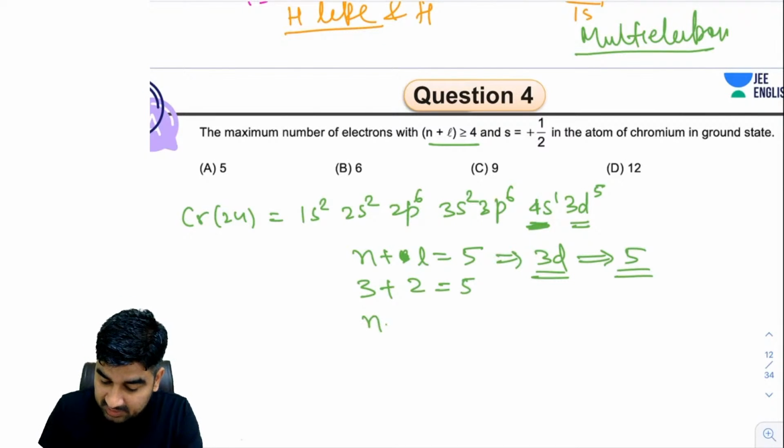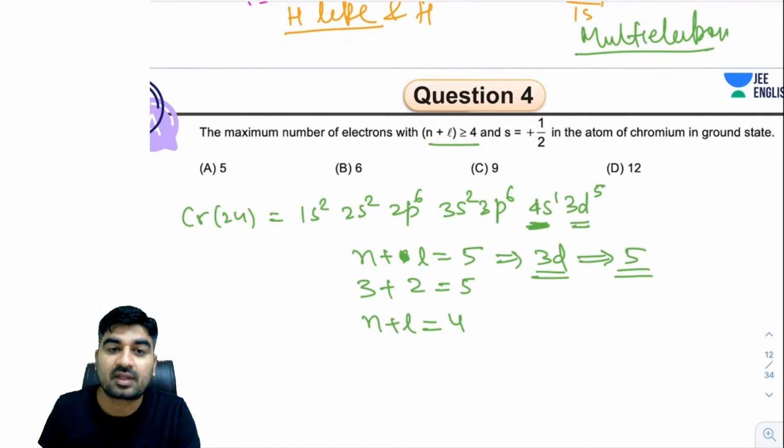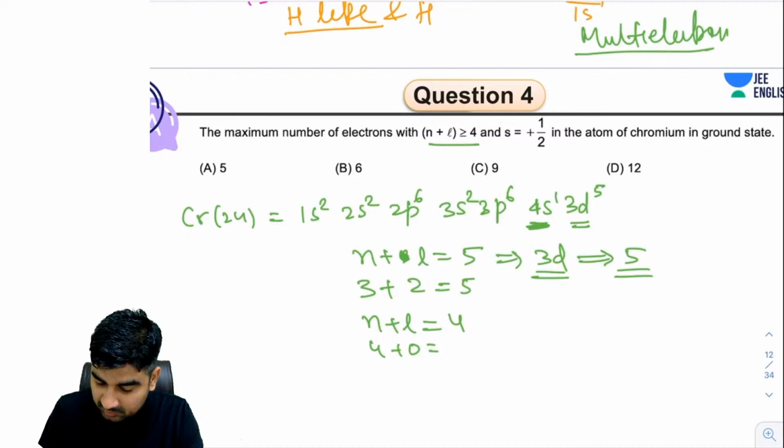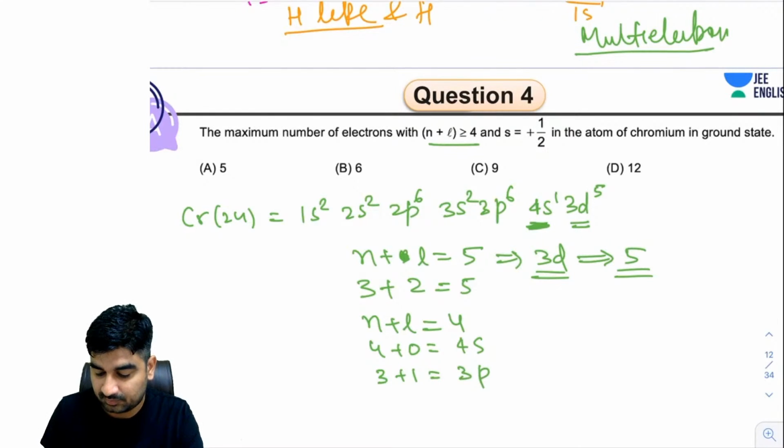Now we will check n plus l equal to 4. What does it mean? Yes, it can be 4 plus 0, so it will be 4s. And it can be 3 plus 1, so it is 3p.